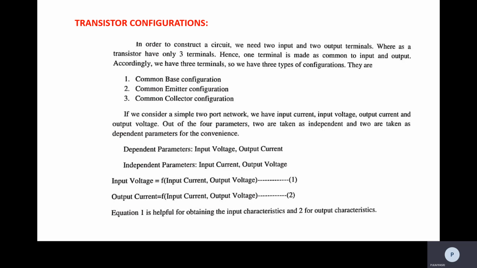And the next one, output current, is a function of input current and output voltage. If you remember these two equations, you can easily understand the input and output characteristics for the three configurations. I repeat again, input voltage is a function of input current and output voltage. Output current is a function of input current and output voltage.